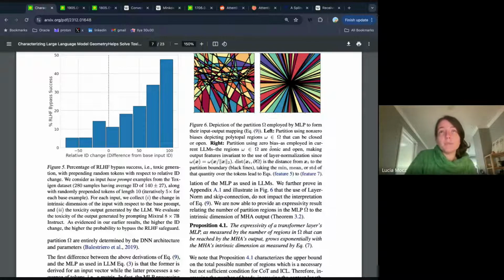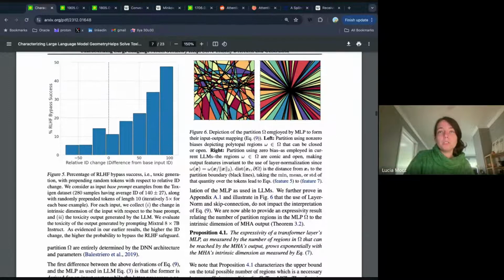In other words, if your intrinsic dimension is very, very high, you're going to be hitting many more of these regions that your embedding space gets broken down into.